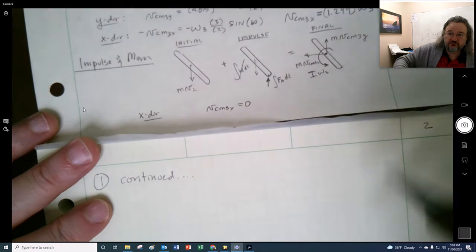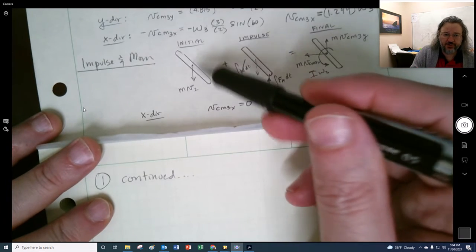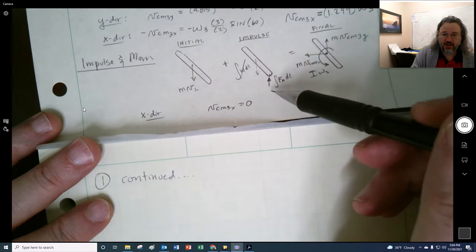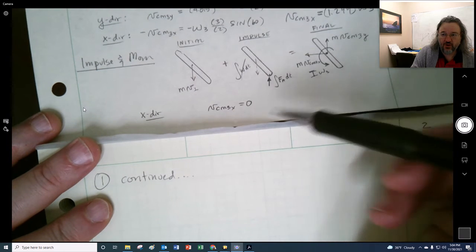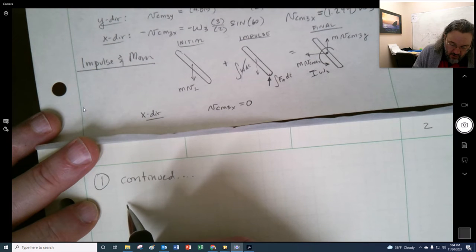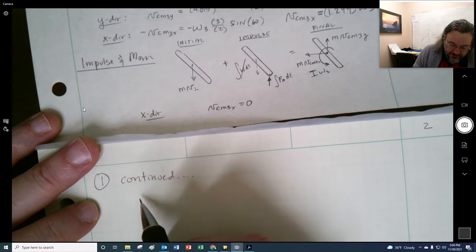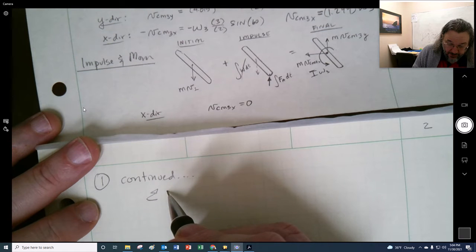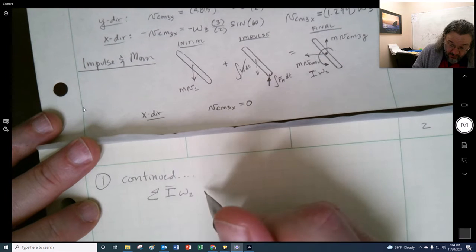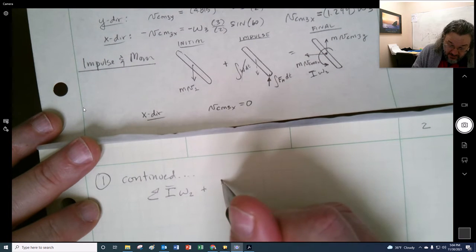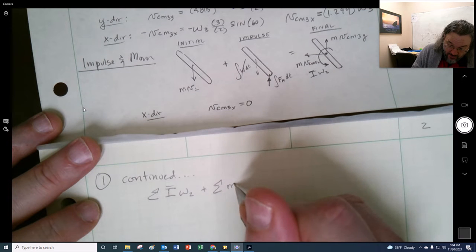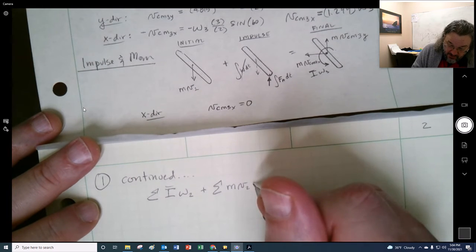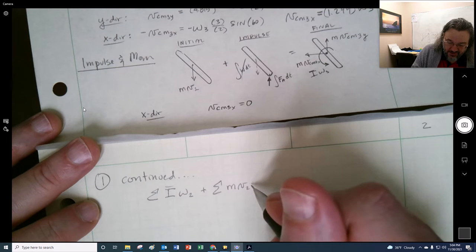So we want to take for here. We can't do the sum of the impulse momentum in the y direction because this is an unknown, right? In the y direction. So what we're left with is we have to do the sum of the effective angular momentums, right? So I guess I'll go I omega, let's call it 2, plus sum of m v2 times, and usually these would actually be crossed.